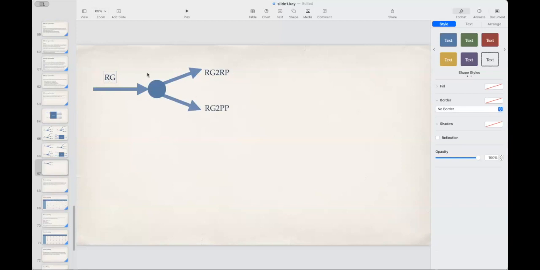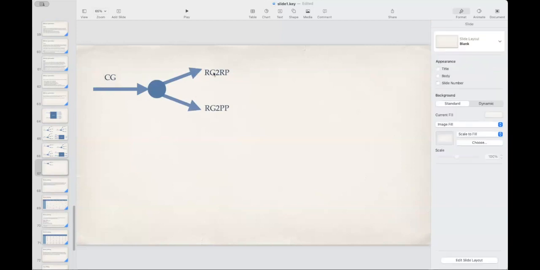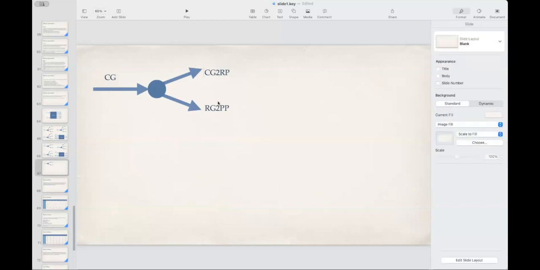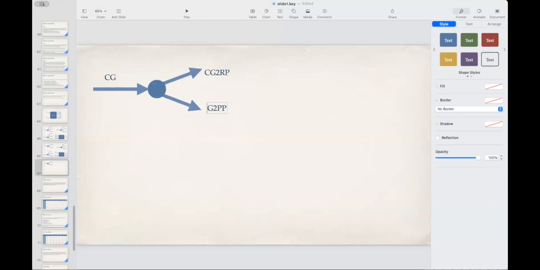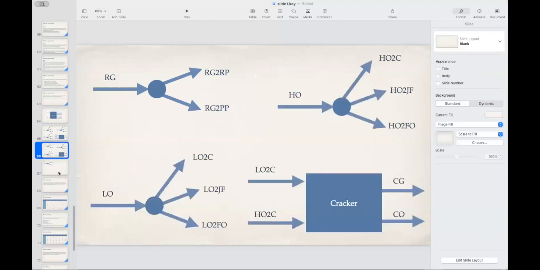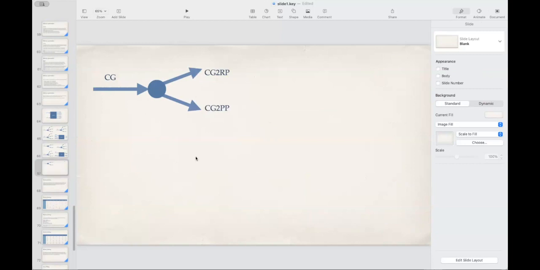CG, crack gasoline, can be used for blending regular petrol, or we can use it for blending the premium petrol. The next one is crack oil.